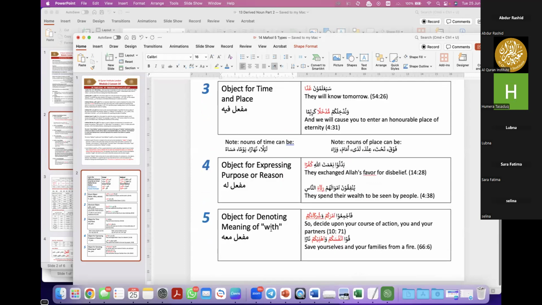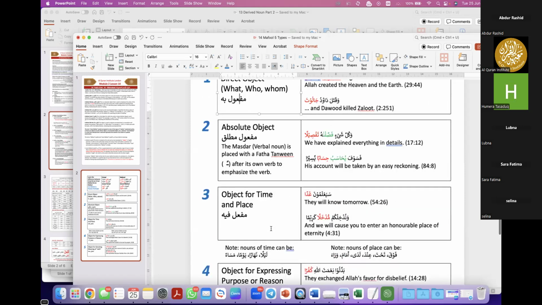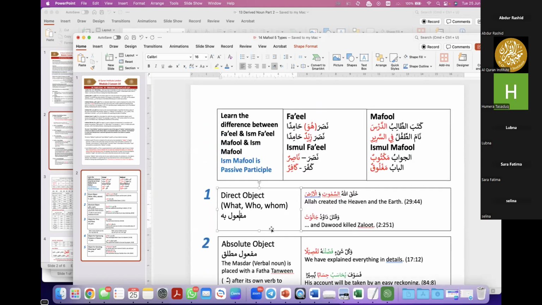And this is indicating with. So these are all maf'ul. As we go on, there will be a lot of other examples, and sometimes people may get confused. We'll say, no, this is not maf'ul, this is maf'ul. So don't worry about this too much, inshallah. We have just given you an idea of the maf'ul family and the ismul maf'ul family, what that means.